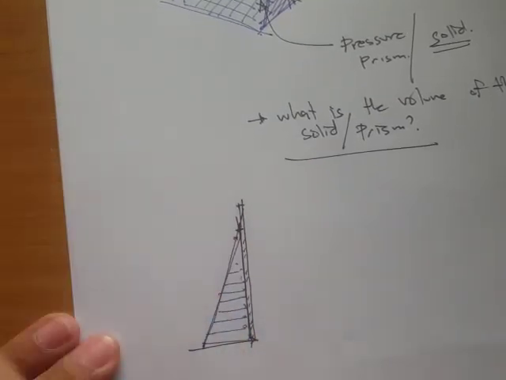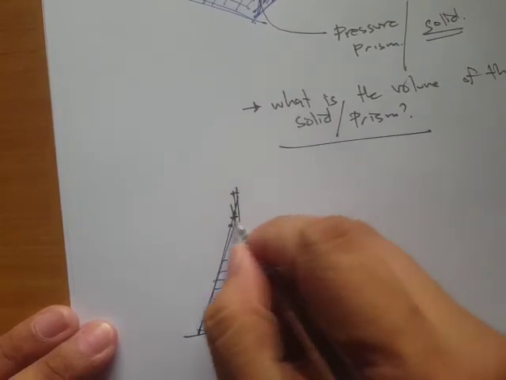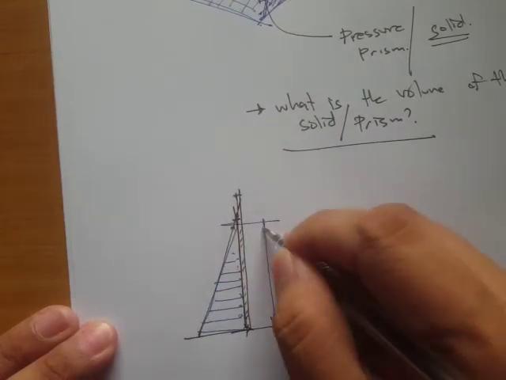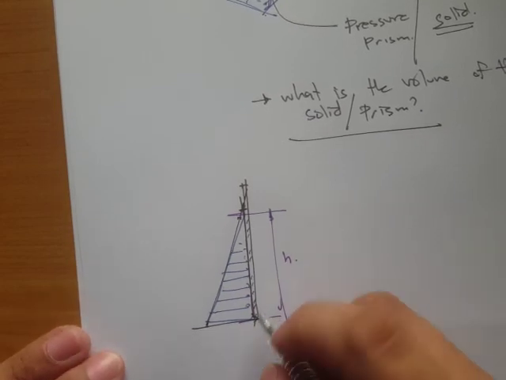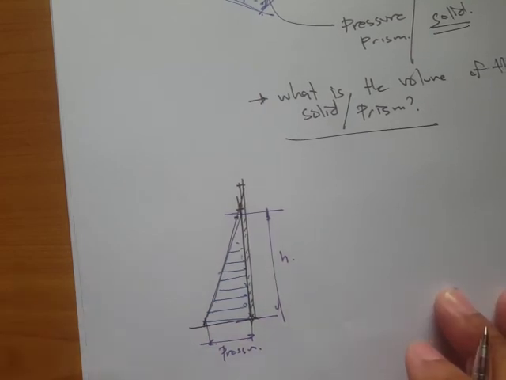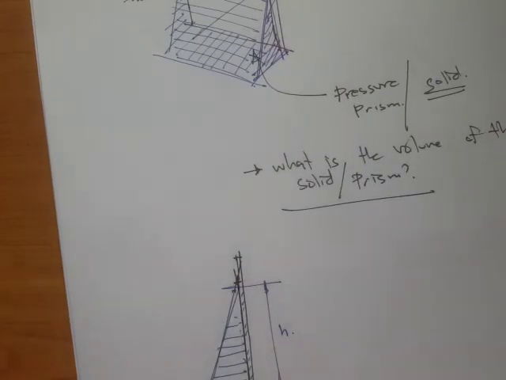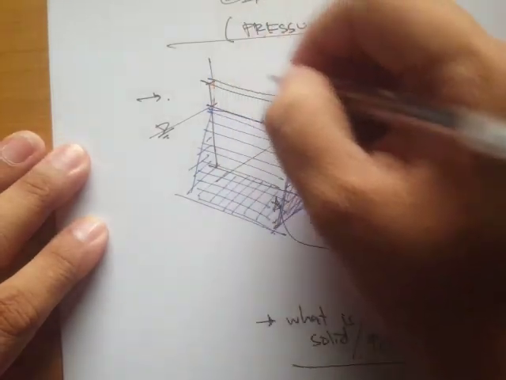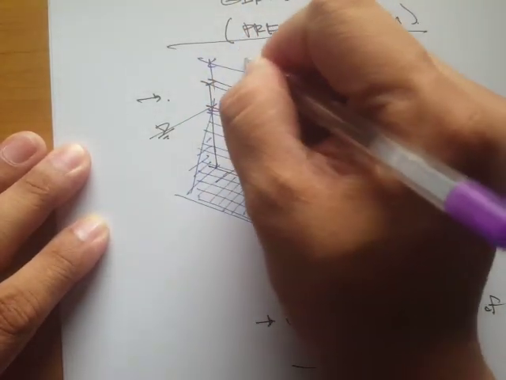Okay, so this one is the height or the depth of the fluid, and this one would correspond to the pressure. And if we label this as our z-axis, right?